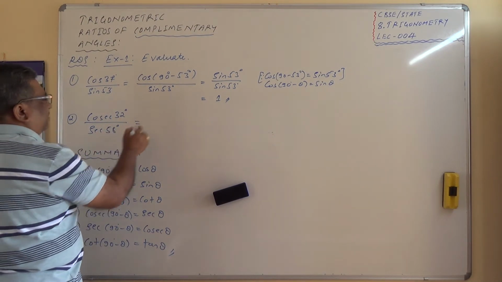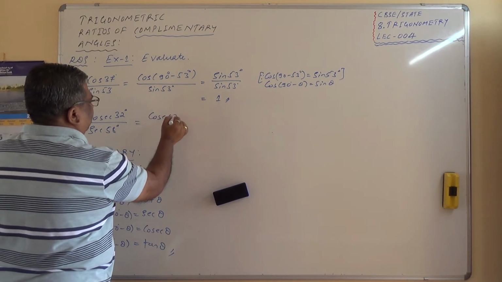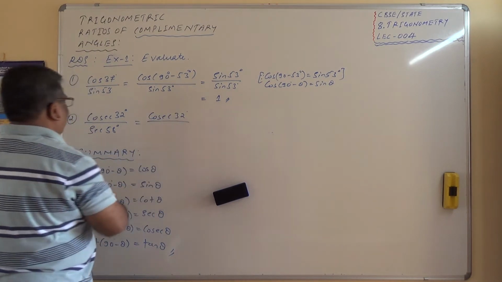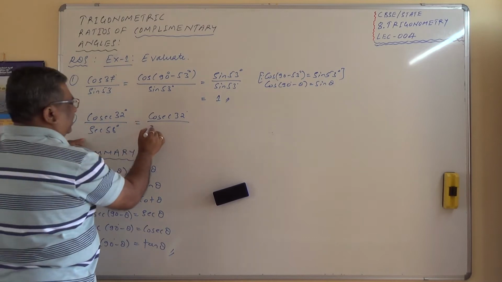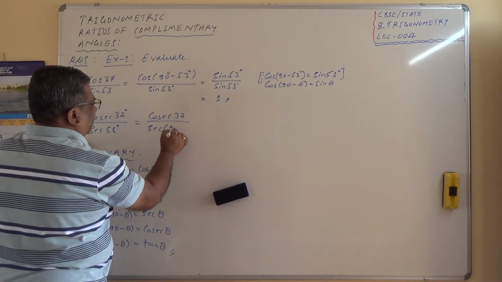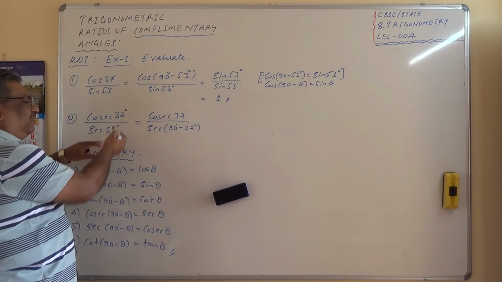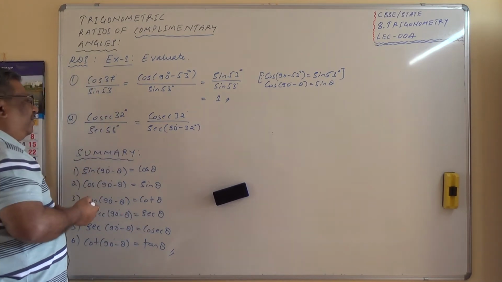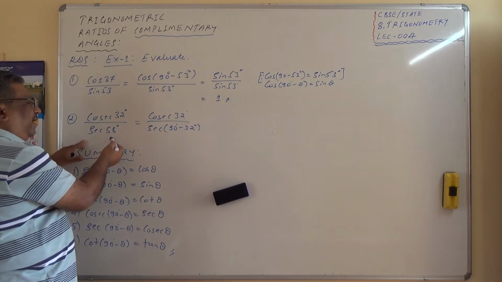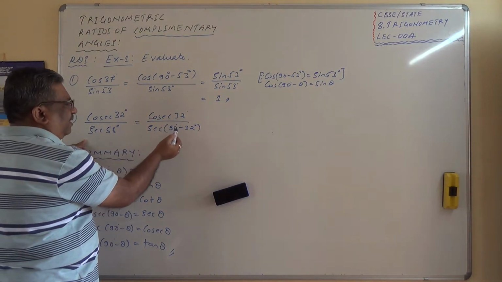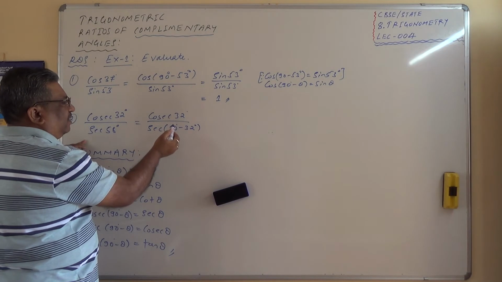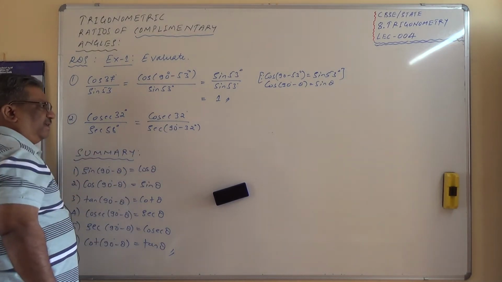Cosecant 32 degrees, let us retain as it is, cosec of 32 degrees, divided by secant of 58, which can be written as secant of 90 minus 32 degrees. So 58 and 32 degrees are complementary, and therefore secant of 58 is secant of 90 minus 32, because 90 minus 32 gives me 58 degrees.